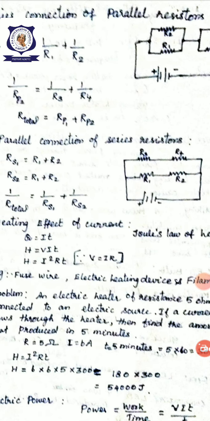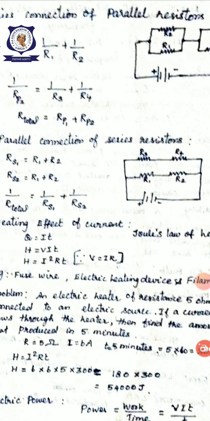Now, parallel connections of series resistors. Here the same R1, R2, R3, R4: R1 and R2 are in series, R3 and R4 are in series, but they are connected in parallel to each other. So RS1, the effective resistance of the series connection of R1 and R2, is the sum R1 plus R2. RS2 is R3 plus R4.